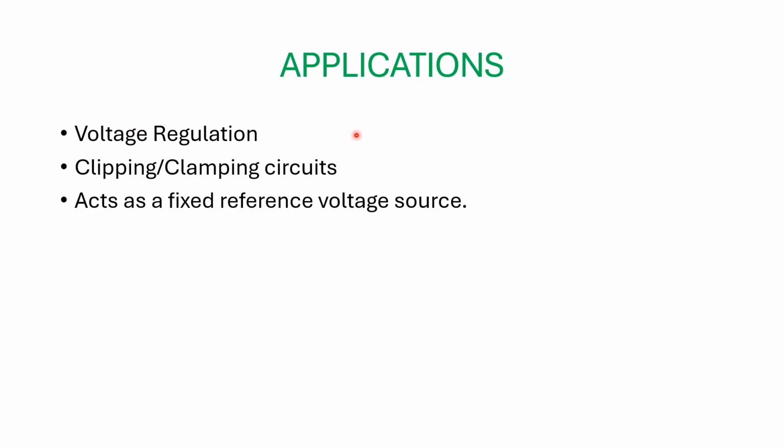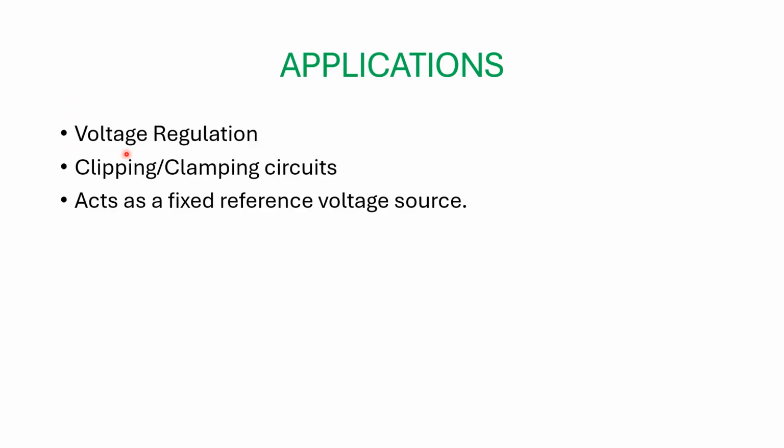Voltage regulators: irrespective of any changes in the input current or input voltage, the output voltage must be constant. For such circuits, if you connect a Zener diode in reverse bias after the breakdown voltage, the voltage across the Zener diode is constant, irrespective of any changes in the input current and input voltage.